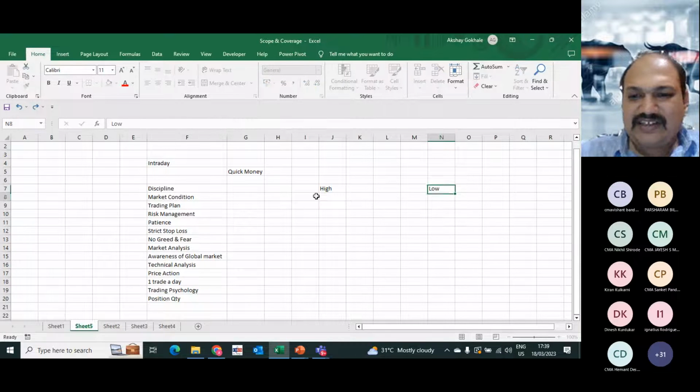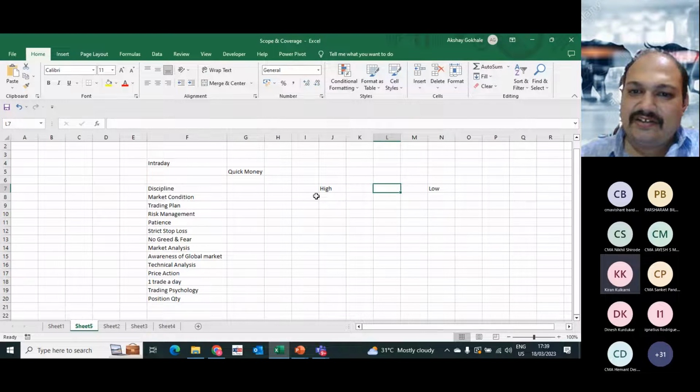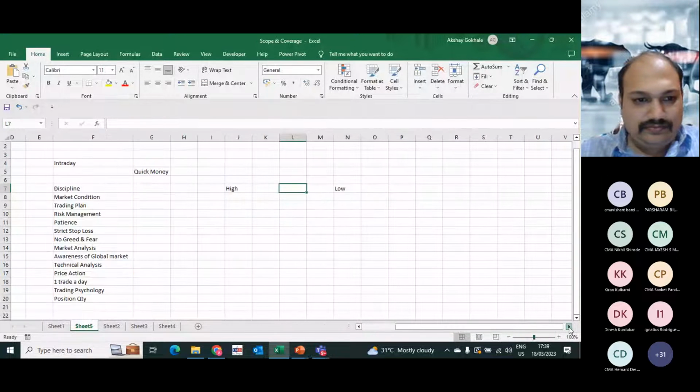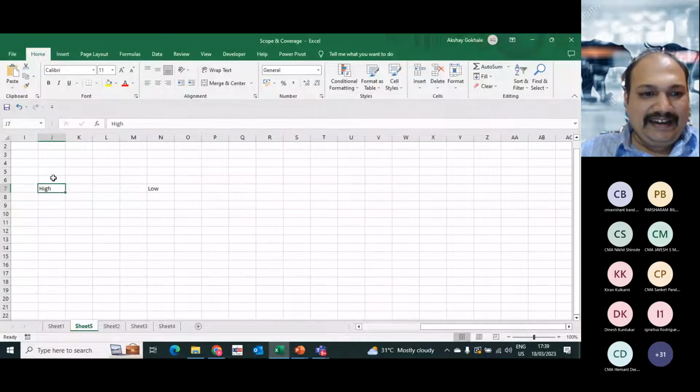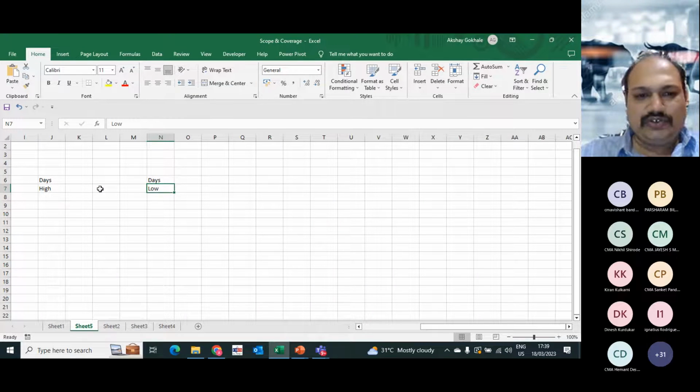This is a very simple strategy, based upon price. This is my day's high, and this is my day's low. You just have to note the day high and day low of that particular stock.